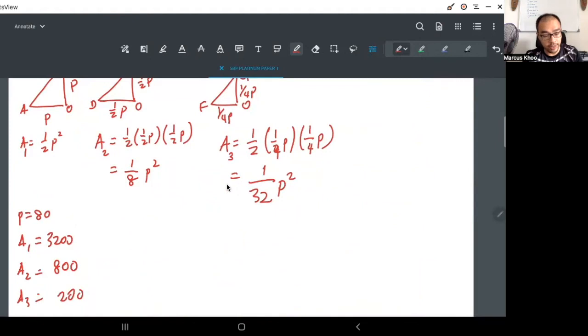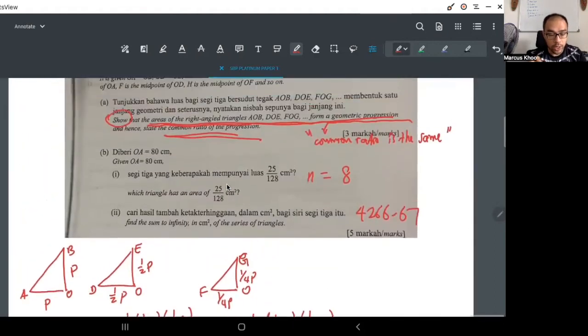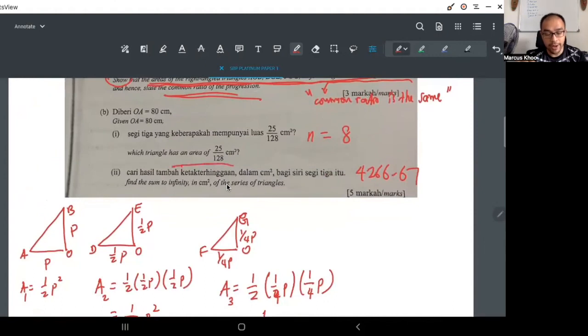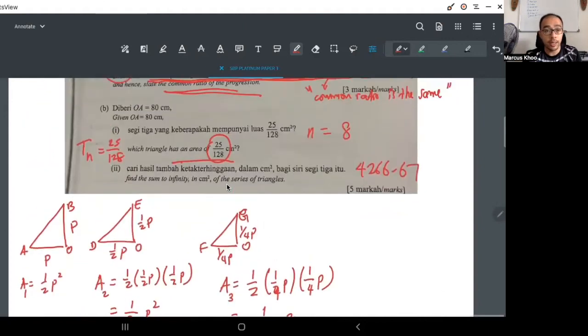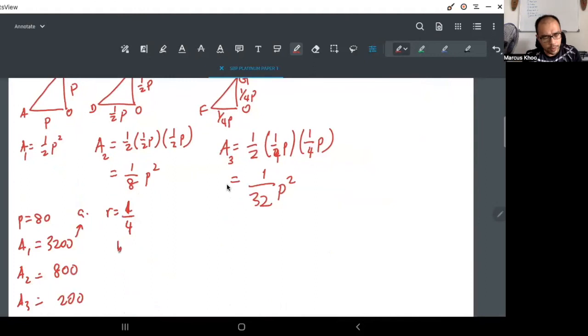So our A is 3,200, and don't forget our R is equals to 1/4. The question asks for which triangle has an area of 25/128. So it's asking you Tn is 25/128. What is n? So this is B1.